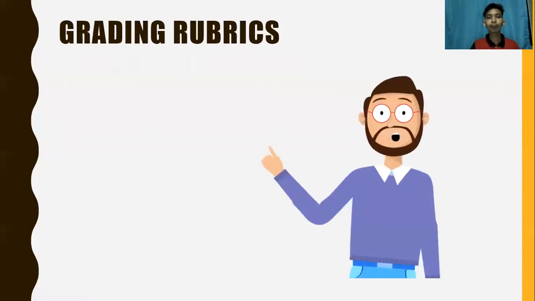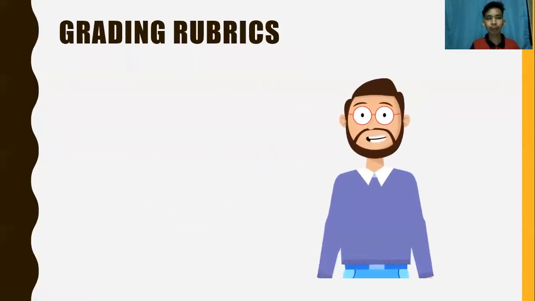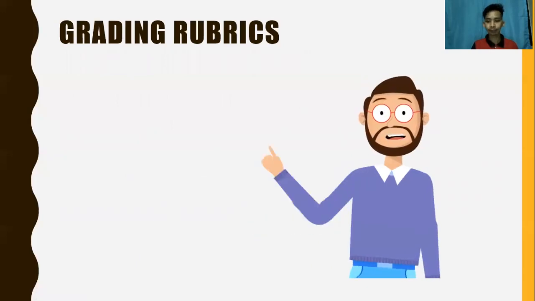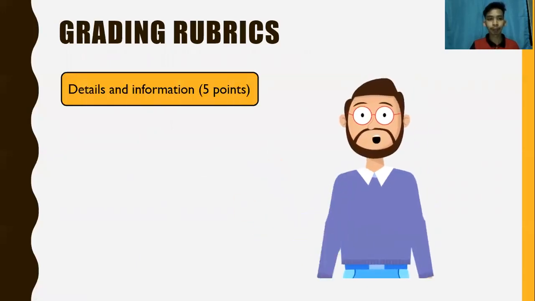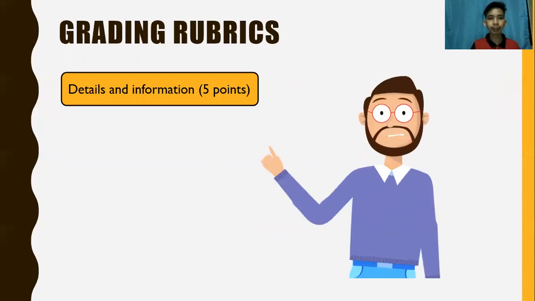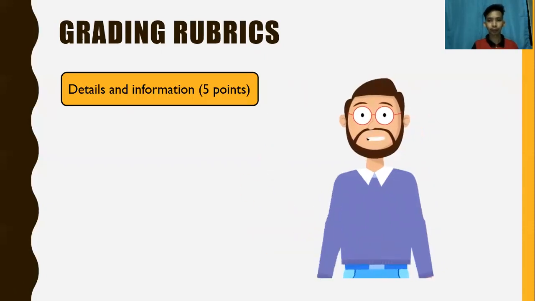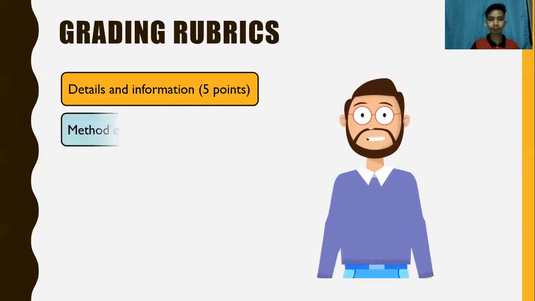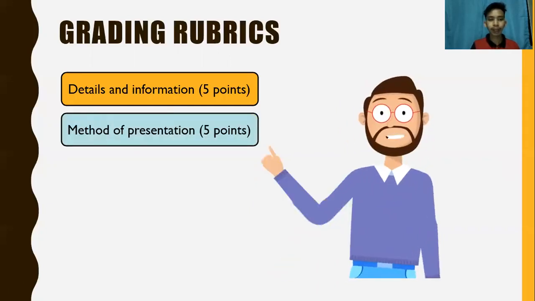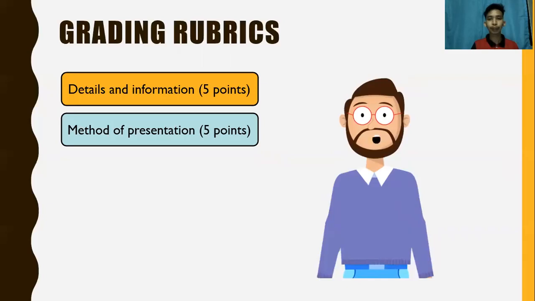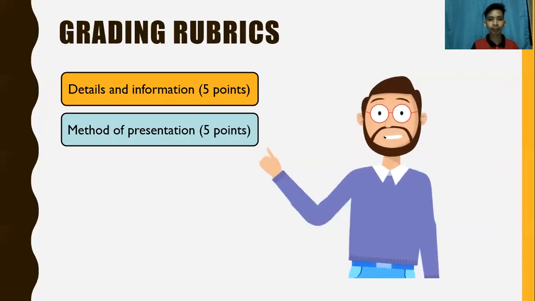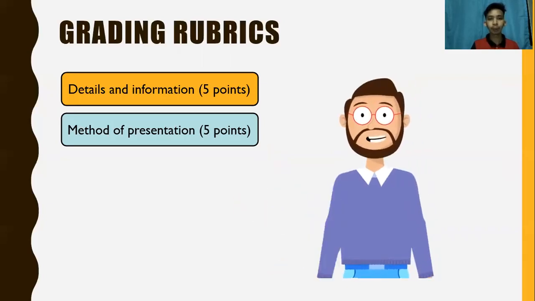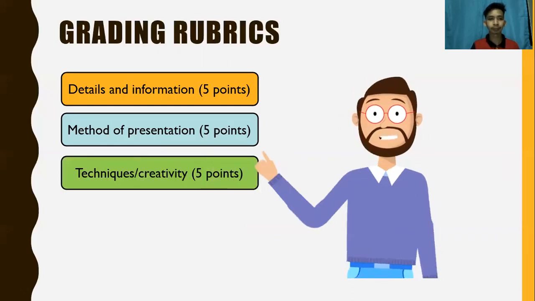How am I going to grade your output? I will follow the following grading rubrics. First criteria would be details and information, for 5 points. Second criteria is method of presentation. Again, this one is worth 5 points.